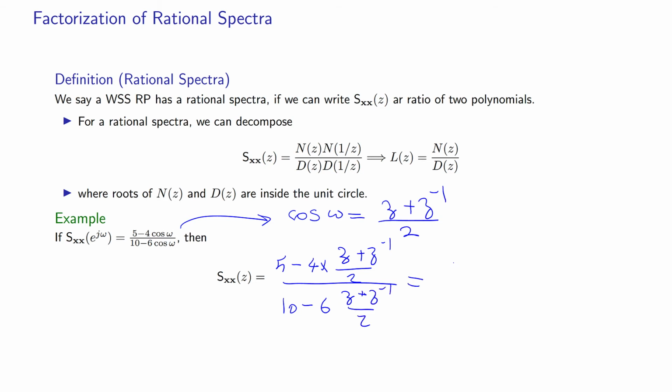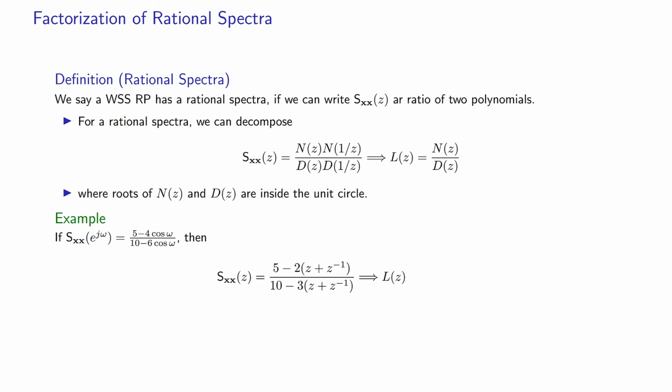I then simplify, and it becomes (5 - 2z - 2z^-1) over (10 - 3z - 3z^-1). Obviously, you can multiply both numerator and denominator by z and then find the roots. If you do that, you get this expression.